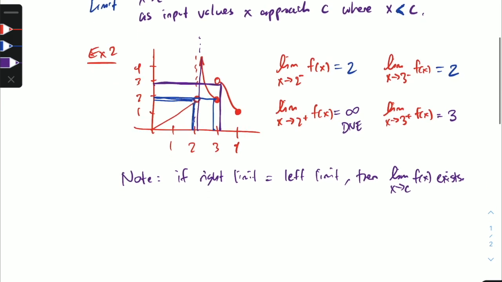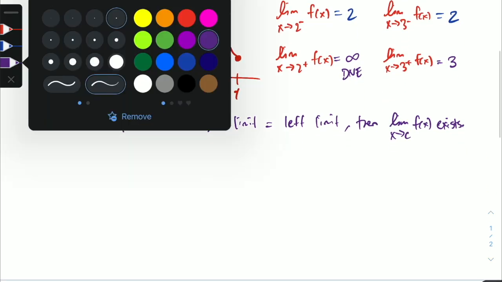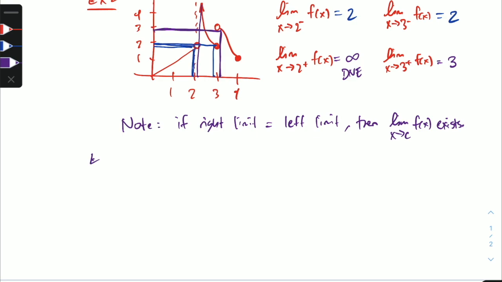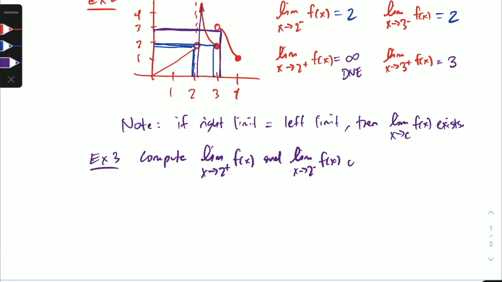Okay, let's do another example. So let's compute the limit as x goes to 2 from the right and the left, when f of x is this rational function x squared plus x minus 6 over x minus 2.